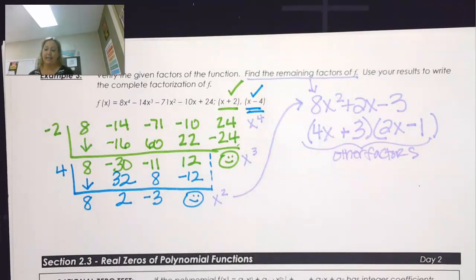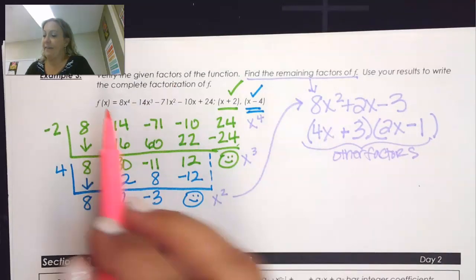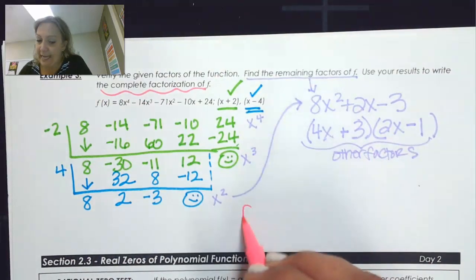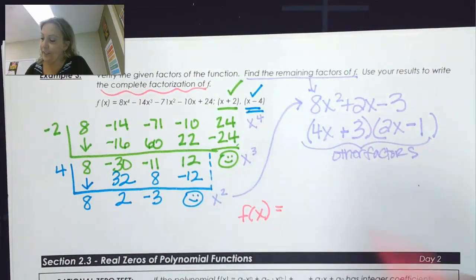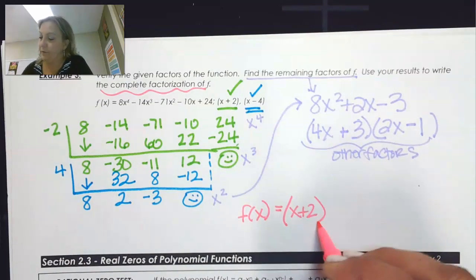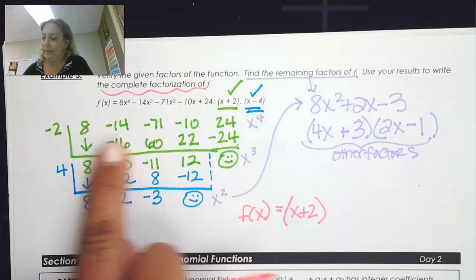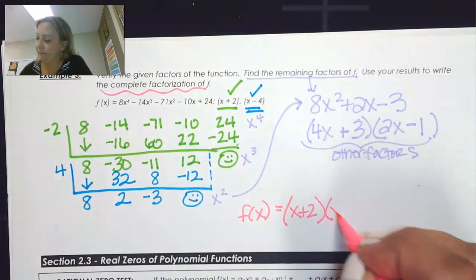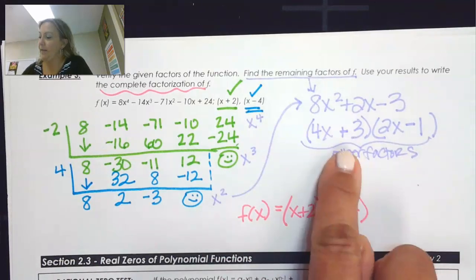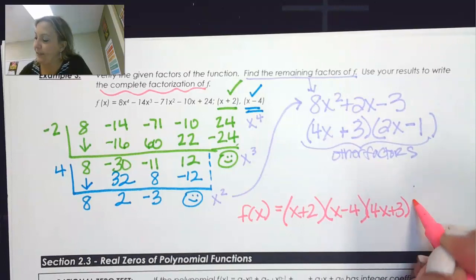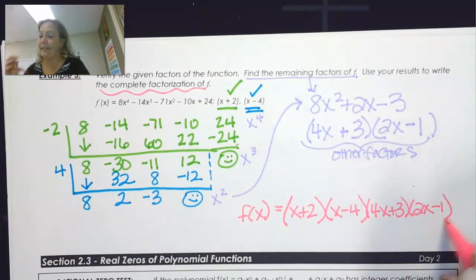And now it's asking us to use our results to write the complete factorization of f. And so we can say that f of x is going to be x plus 2, x minus 4, and now these other factors, 4x plus 3 and 2x minus 1.